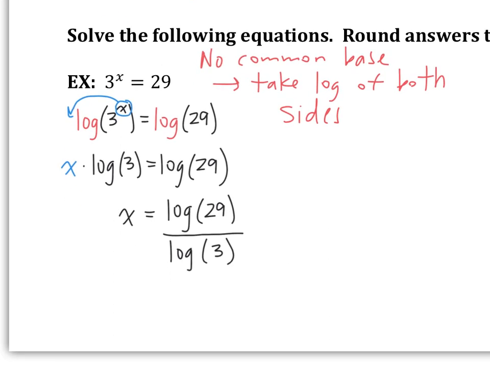Now is where we get our calculator out, and you should find a log key right next to your number 7. So you take log of 29, don't forget to close the parentheses here, divided by log of 3, close those parentheses. When you plug this into your calculator and it said to round to 3 decimals, we should get x is about 3.065 as our final answer.